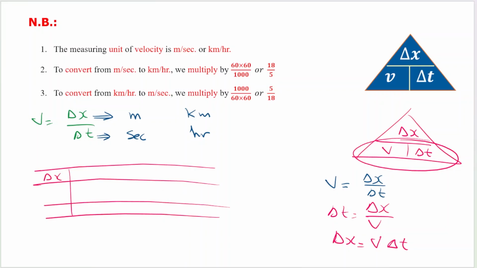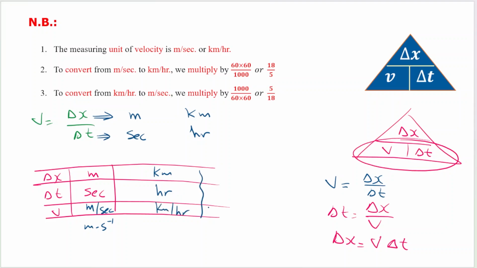We have displacement, time, and velocity. If displacement is measured in meter and time is measured in second, the measuring unit of velocity will be meter per second, or meter dot second power -1. They are the same. But what if the displacement is measured in kilometer and time is measured in hour? In this case, the velocity is measured in kilometer per hour.